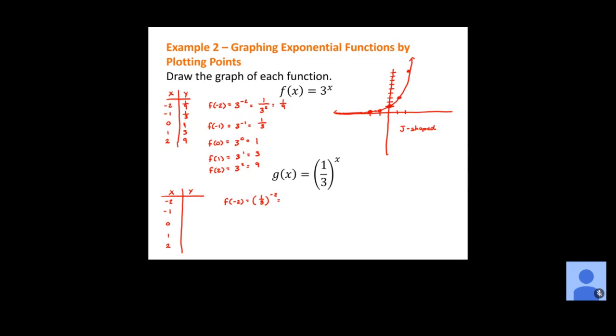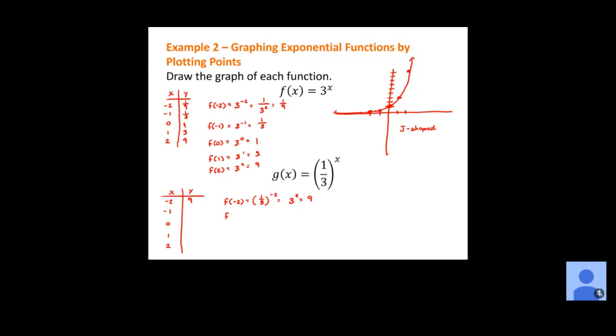Good. So remember, if you have a negative exponent with a fraction, we're allowed to flip the fraction to make that a positive exponent. So this actually becomes 3 to the +2, which is actually going to give us what then? 9. Good. So our value at -2 is 9.